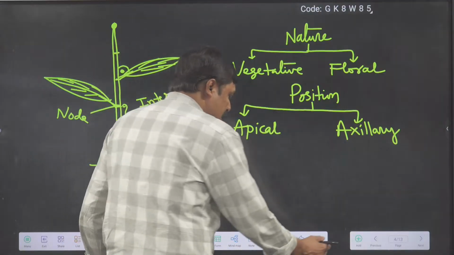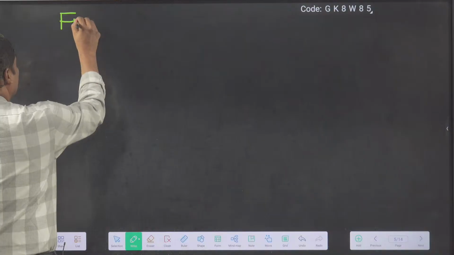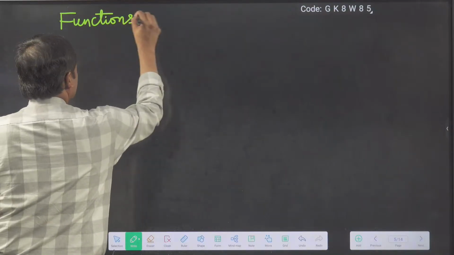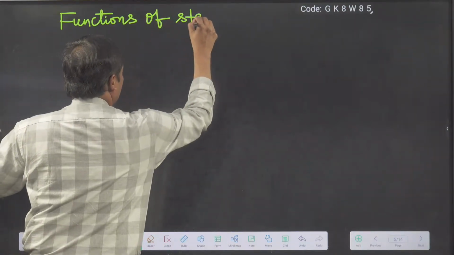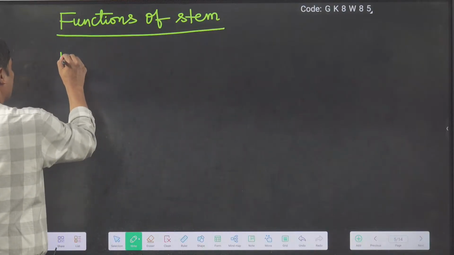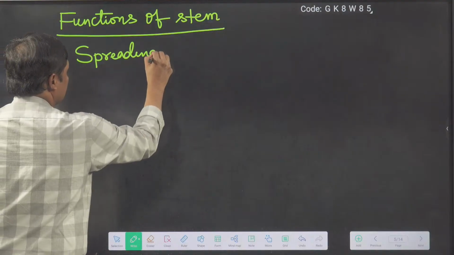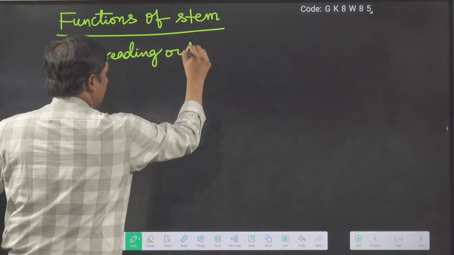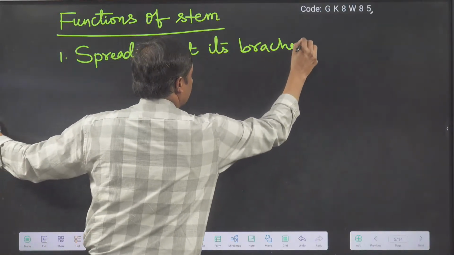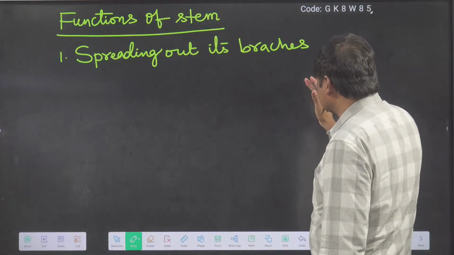Now, let us see the functions of the stem. Functions of stem. First one is spreading out its branches, which bear leaves, flowers, and fruits.